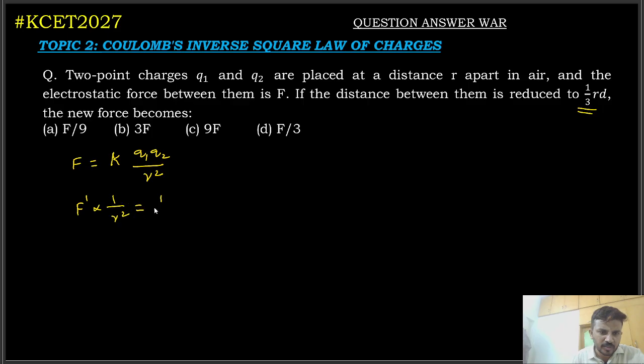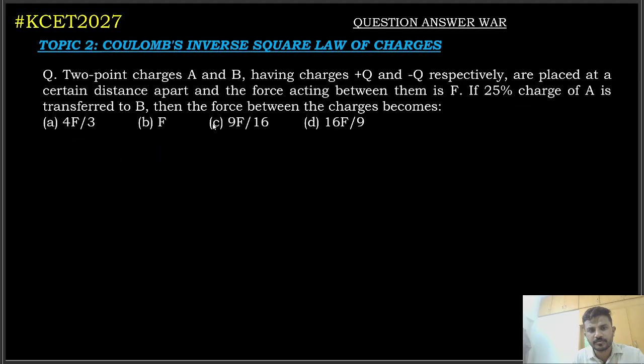So that is equal to 1 divided by r dash square. r is reduced to 1 by 3 times, squared, r square. So 3 threes are 9, 9 divided by r square. So new force will be equal to 9 times the old force. That is option C is correct.